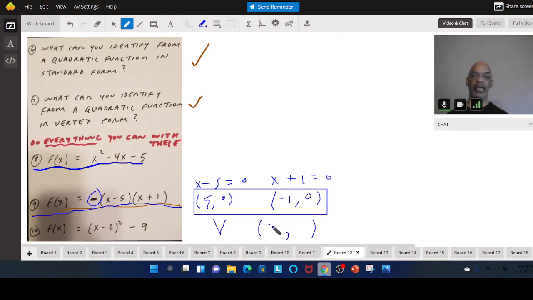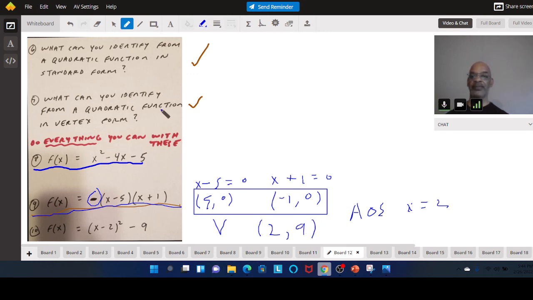That will be at 2. The axis of symmetry is x equals 2. And we can evaluate at 2. 2 minus 5 is negative 3. 2 plus 1 is 3. So the opposite of negative 3 times 3 will be 9. The vertex is at 2, 9.